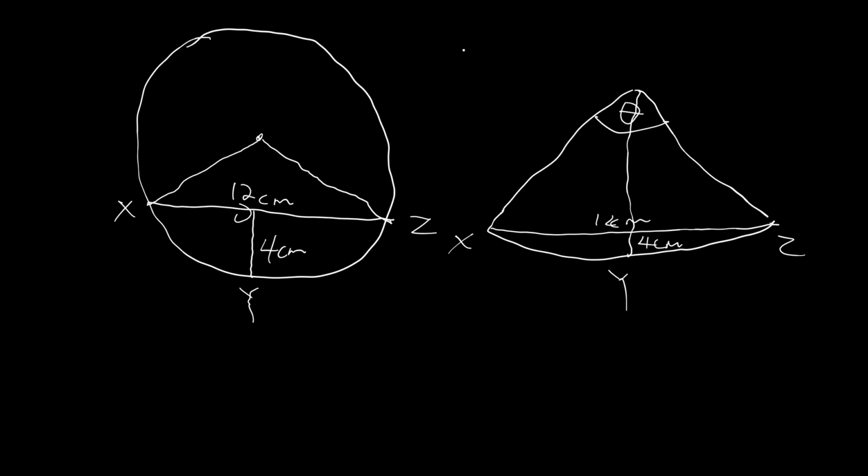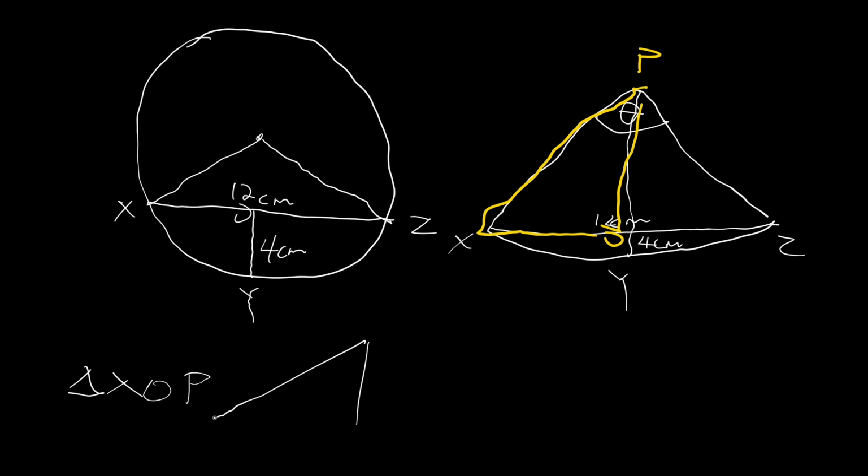Now from this particular diagram, we can see that we have a right angle triangle here. So assuming here is P and here is O, we have a right angle triangle which is triangle XOP. So triangle XOP is a right angle triangle which looks something like this.